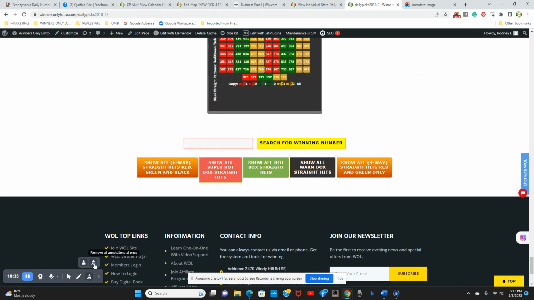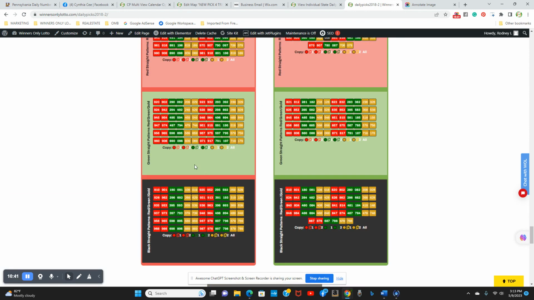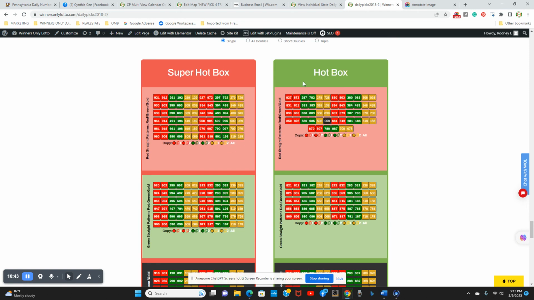Let's clean up that mess we got up there first. Now we're going to type in that what? 058. Search for that winning number. There it is. Hot box, just like we said. Super hot box section. There's your gold numbers.